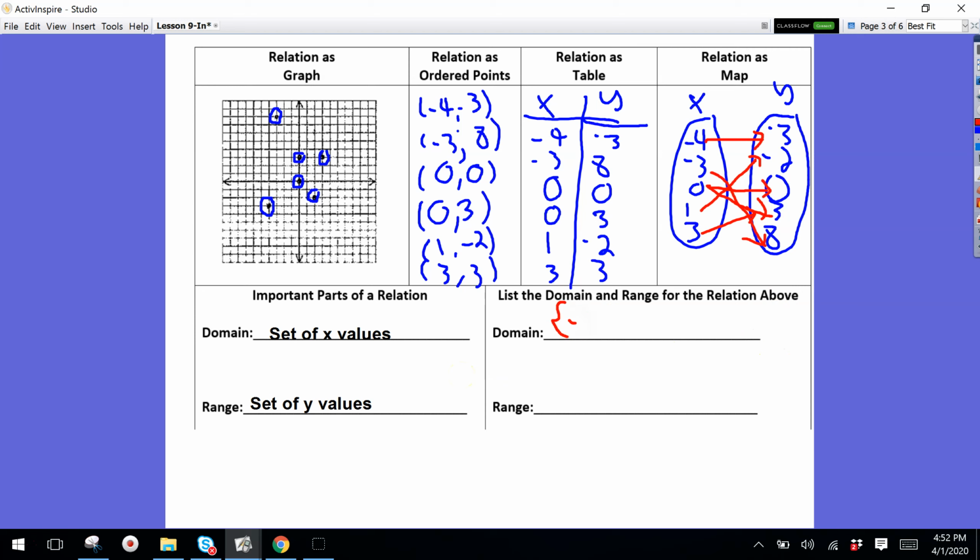So we have -4 in our x's, then we have -3, 0, 1, and 3, and then we close that set using the curly brackets. Now we're going to do our y's. Again, we're using those curly brackets, and then we have -3, -2, 0, 3, and 8.